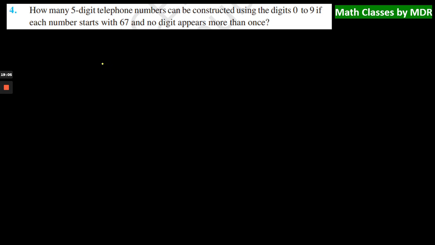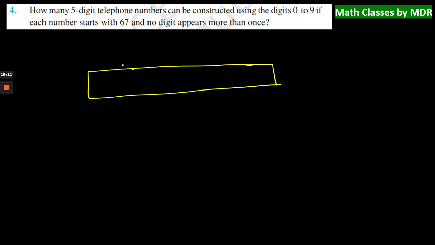We have to form 5-digit telephone numbers, so let us take the 5 digits here: 1, 2, 3, 4 and 5. Right? So how many numbers are available? 0, 1, 2, 3, 4, 5, 6, 7, 8, 9. So total 10 digits are available.